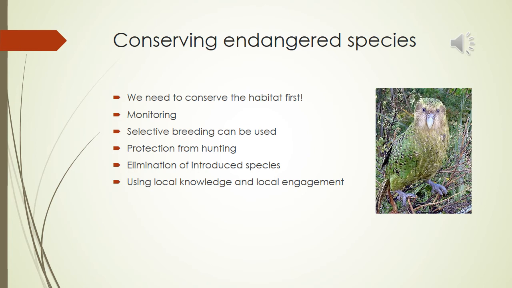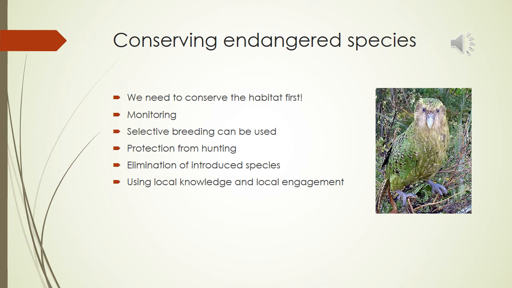We also need protection from hunting. We have to make sure that illegal hunting and poaching is not pushing the species toward extinction. And in the case of a flightless pigeon, we have to eliminate the introduced species, in this case cats and rats, because they are a heavy predator on the young birds.